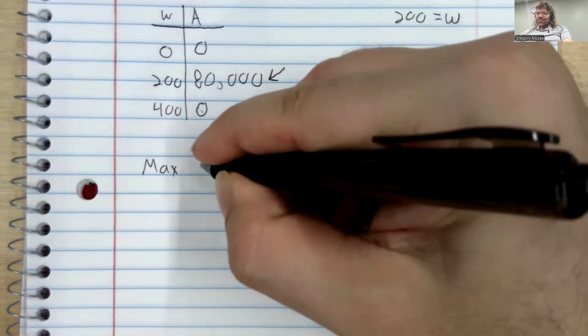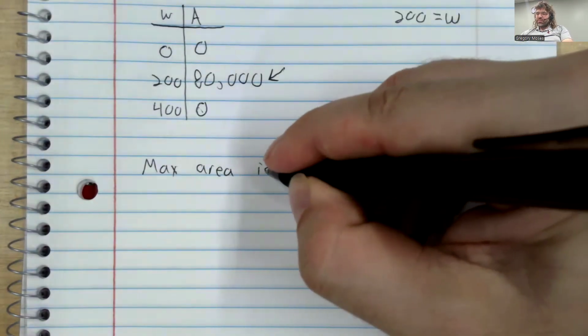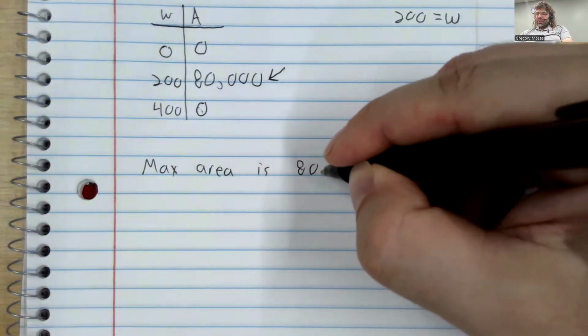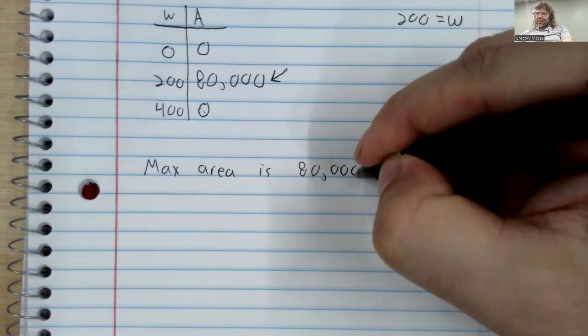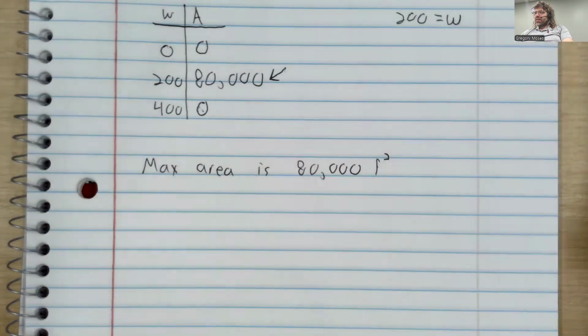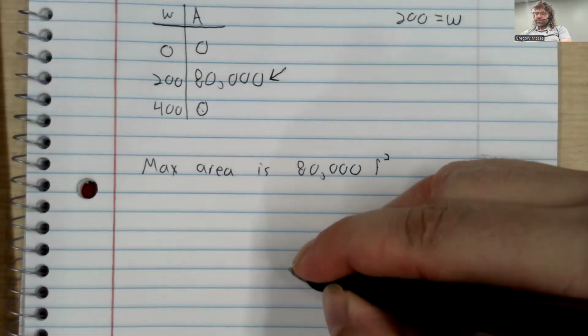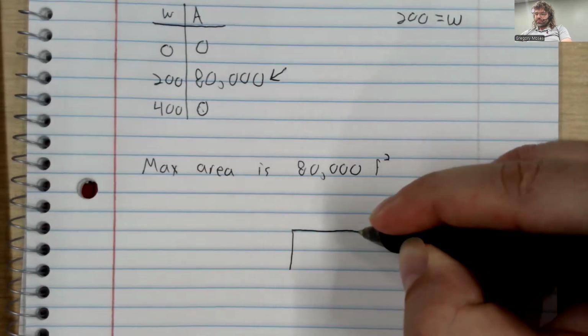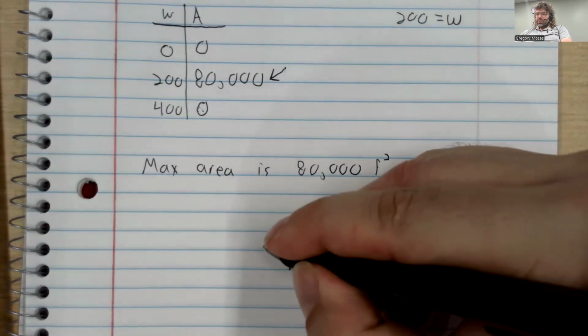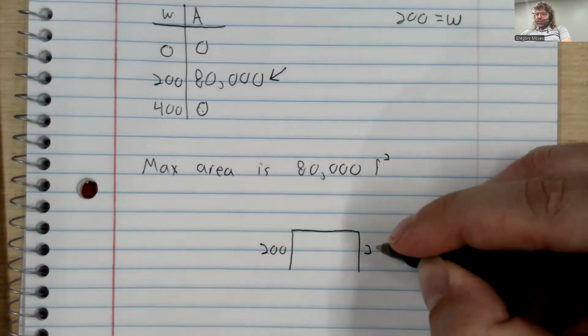So the max area we can enclose is 80,000 square feet. And in terms of dimensions, W is 200.